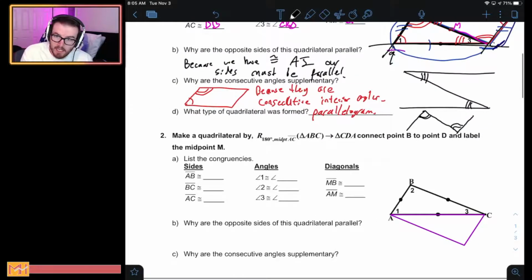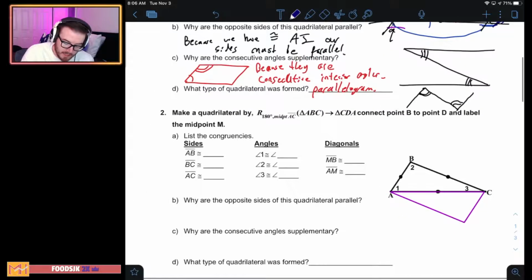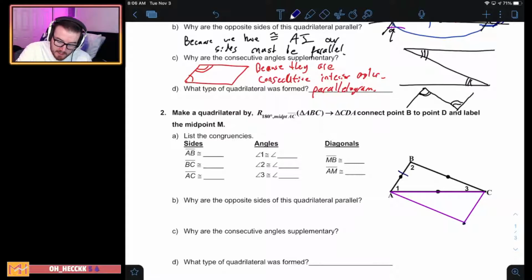Everything we just said up there is going to be true here as well, right? AB, as this rotated around, is going to be congruent to DC. BC, as this gets rotated around, is going to be congruent to DA. And AC just ended up on top of itself.